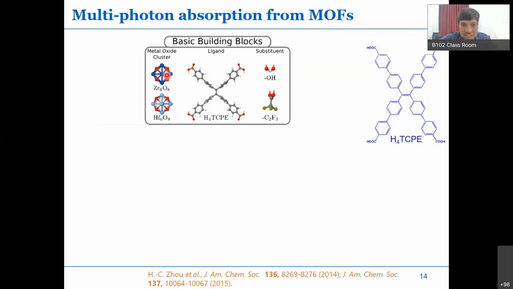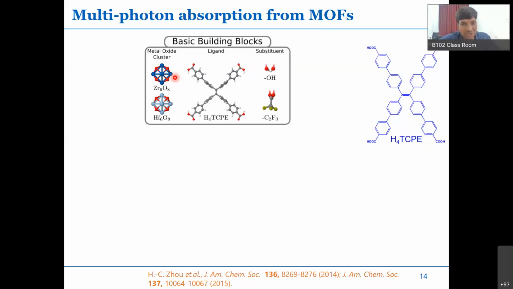Okay, and these oxy clusters have 12 connecting nodes. If you look at one of the earlier slides, we talked about up to 6 connecting nodes, but these metal oxide clusters have 12 connecting nodes. By using a specific mechanism, you can control how many coordination sites are bonded.